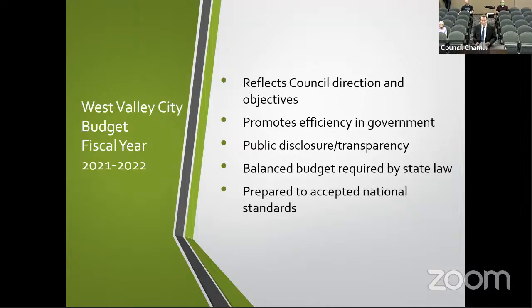It's also required that we have a balanced budget by state law, which is a little bit different than our federal government, as you probably noticed lately. But because of that, we're required to budget conservatively, make sure that we don't budget beyond our means. It's also prepared to national standards, which means that there are some guidelines on the way that we present it so that it's transparent, so that it's readable, and so that it's clear, at least as clear as we can get it so that people can understand it when they pick it up and read it.